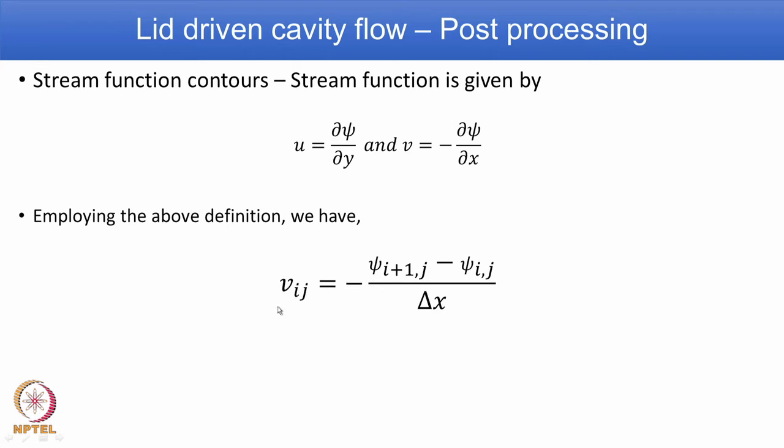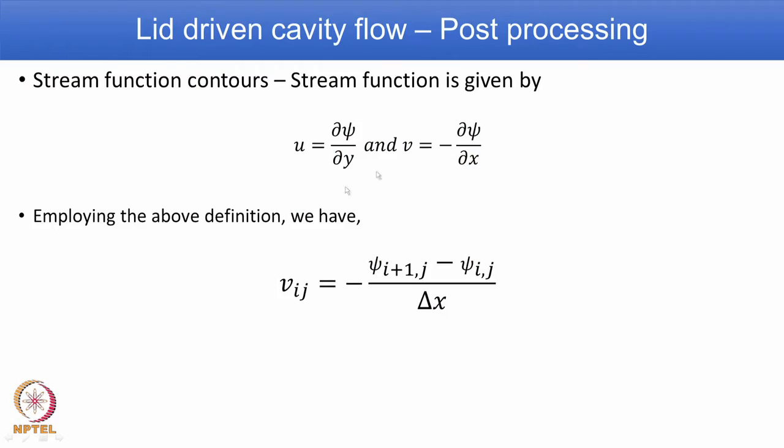So, v I comma j equal to minus psi I plus 1 comma j minus psi at I comma j by delta x. Please remember, streamlines are contours of constant stream function, and what we have done here is a discretized form of this particular equation.